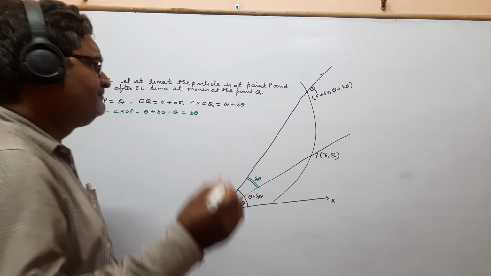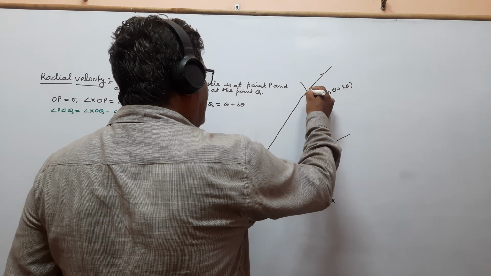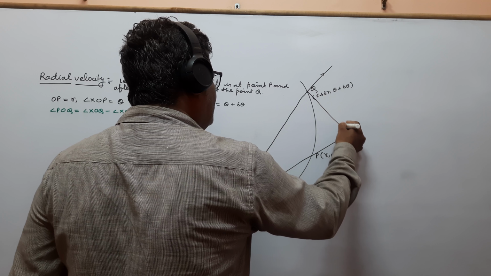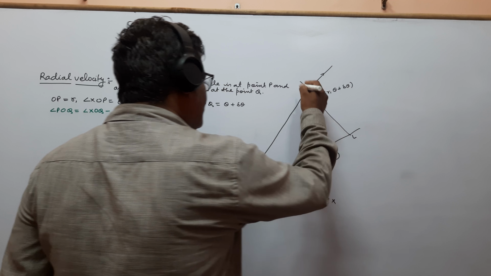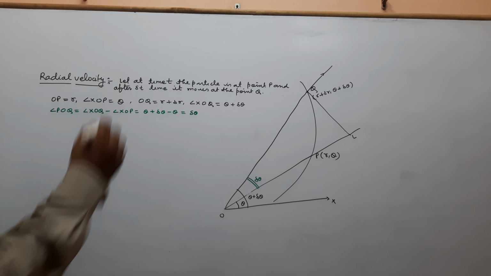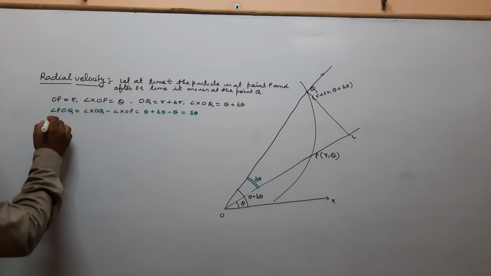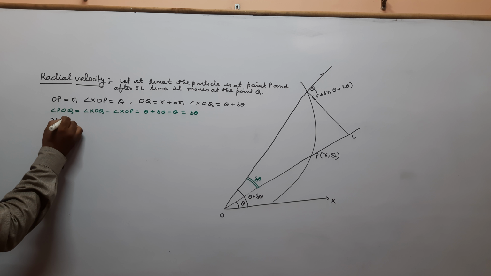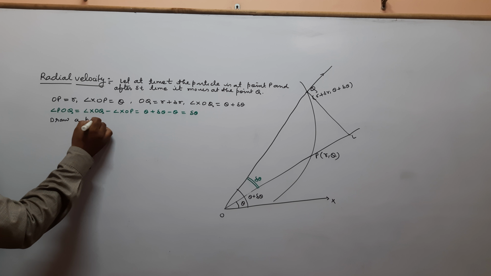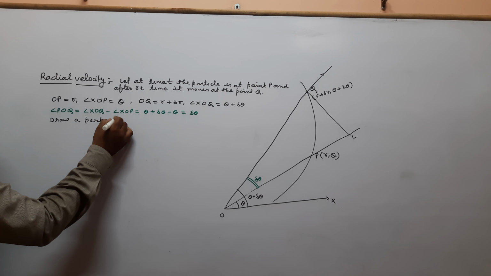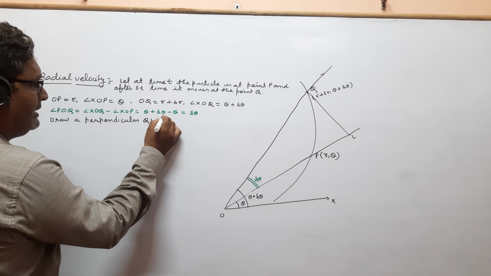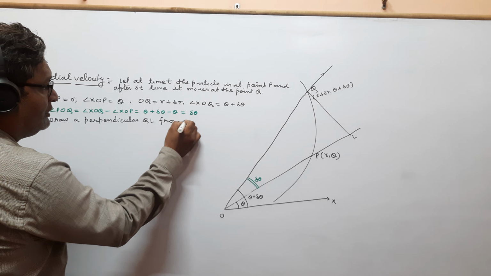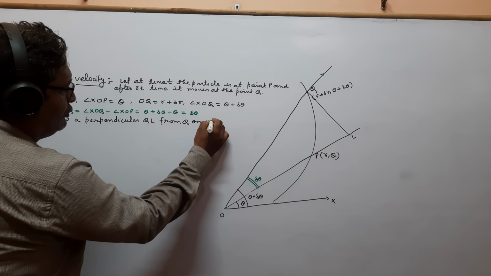Now we draw perpendicular QL from Q on the radius vector OP. Here we draw a perpendicular QL from Q on OP.